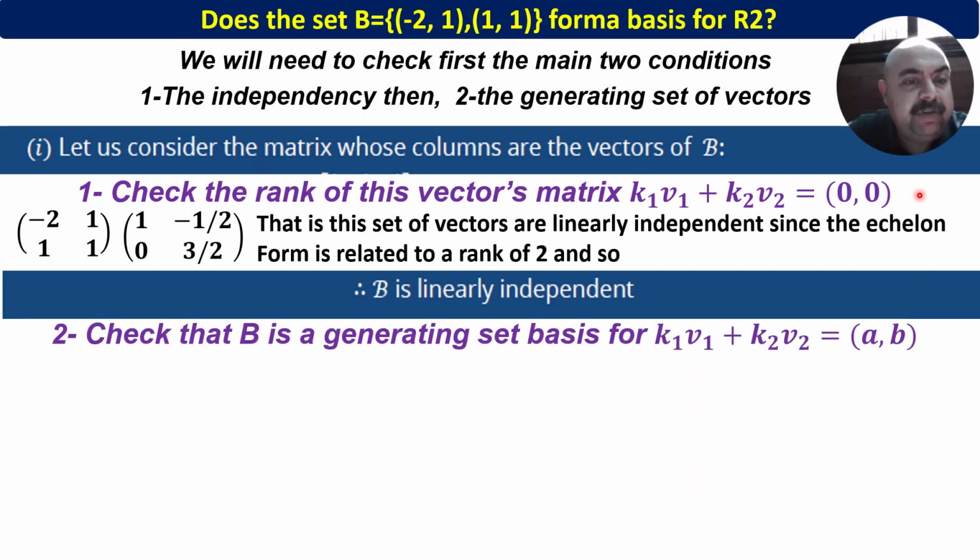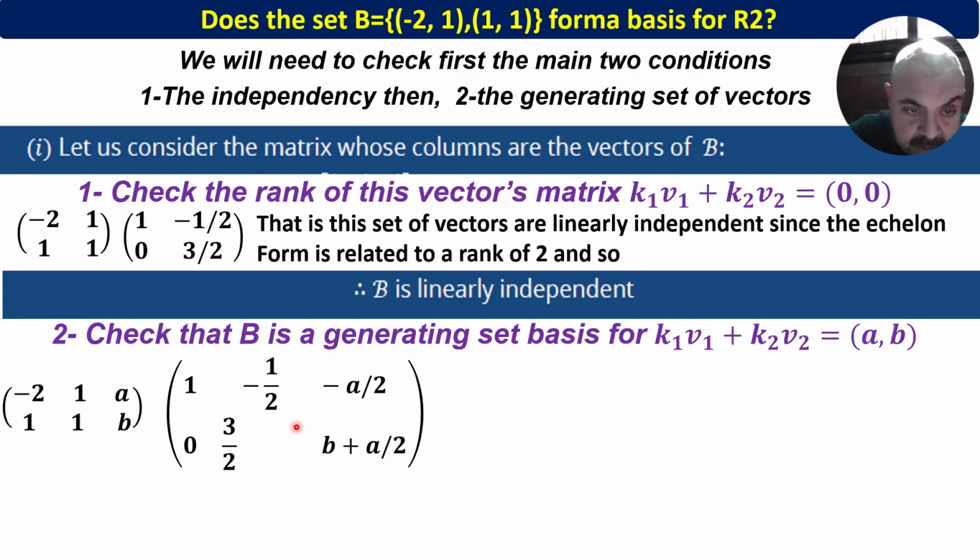Condition number two: does it generate R2? Also very simple to check. We'll solve the system Ax equal to b, where b is any vector (a, b) belonging to R2. I put them in an augmented matrix form. That's my coefficient matrix, and that's (a, b). The rank of the coefficient matrix is equal to 2, which forces this system to have a unique solution.